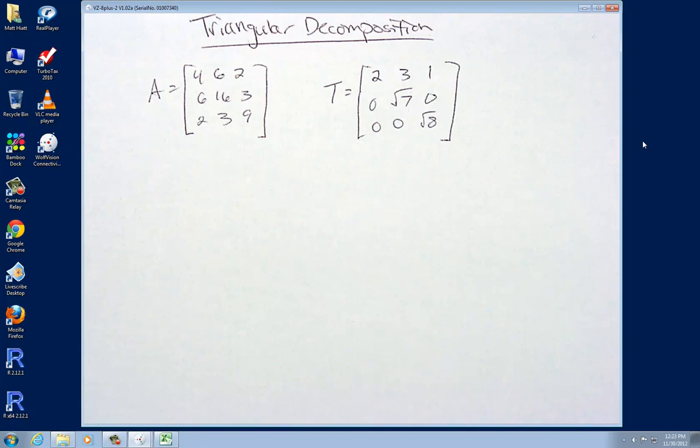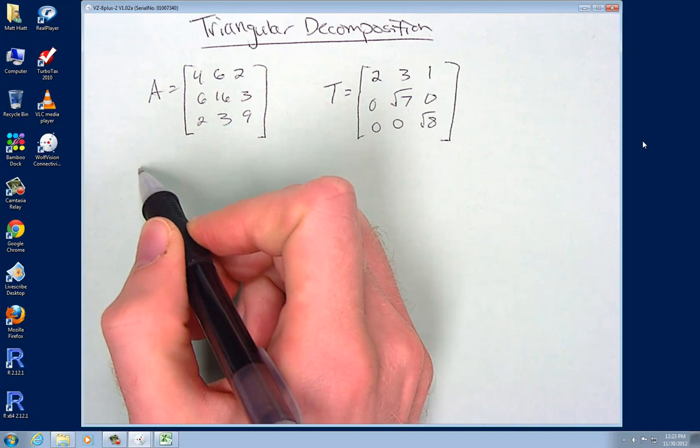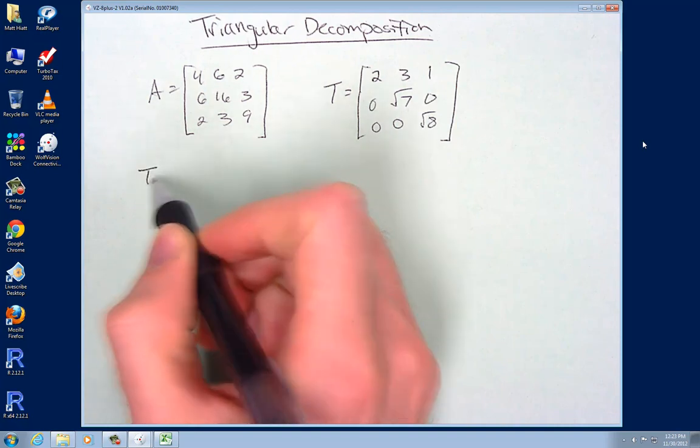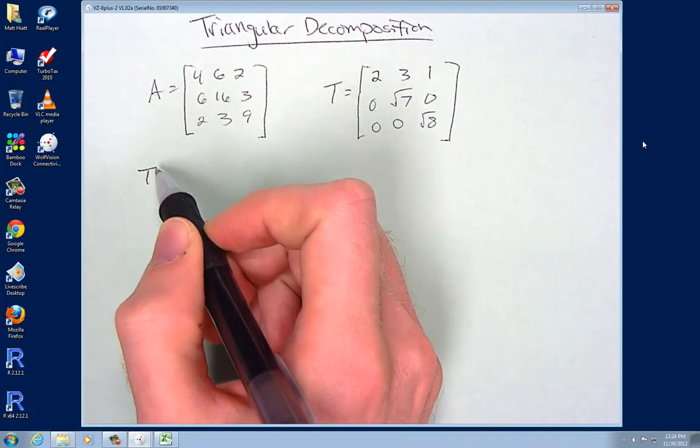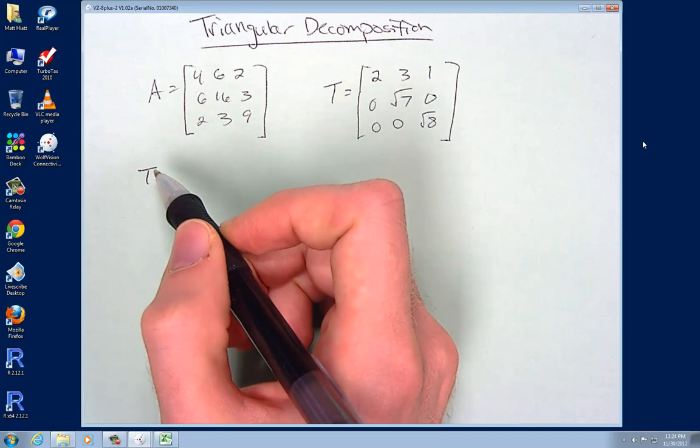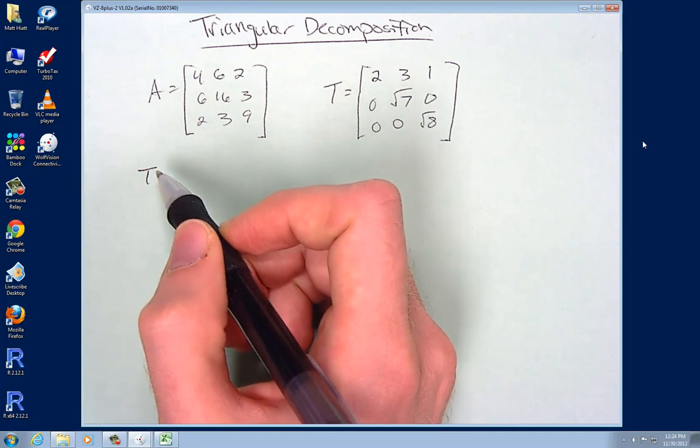When we pre-multiply this T matrix by its transpose in order to square it, we see that the squaring process yields matrix A. Even though we did that in the video when we talked about the Cholesky method of obtaining a triangular square root matrix, I'm going to do it again here.